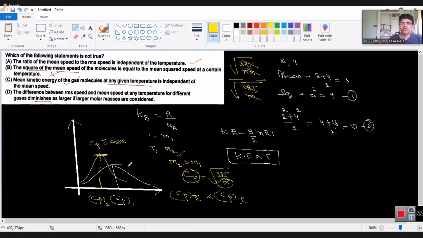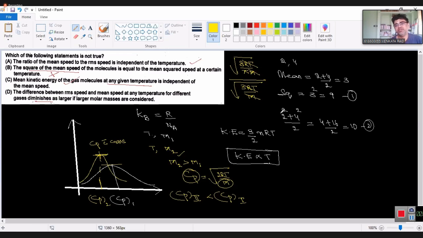But when the peak is narrow, the difference between RMS speed and mean speed will be almost close. That is the reason.